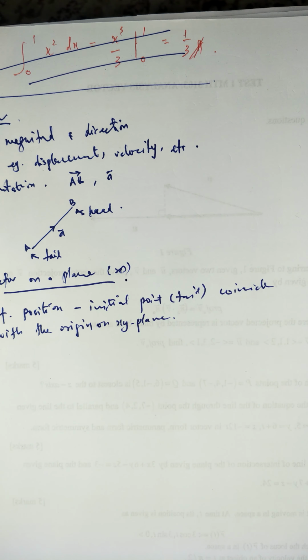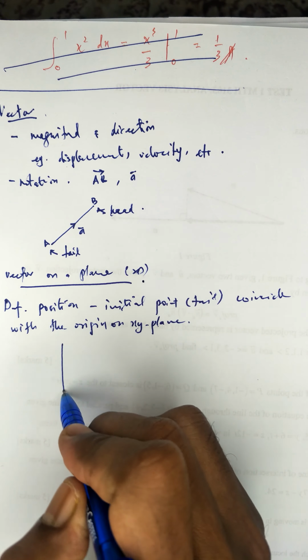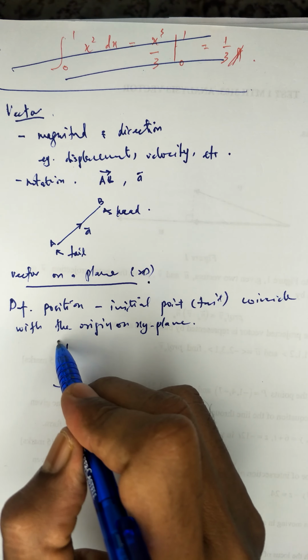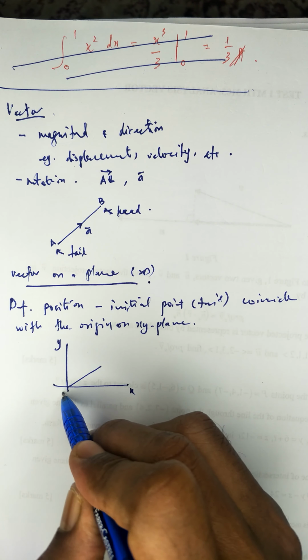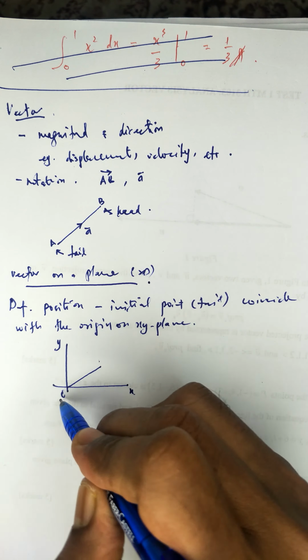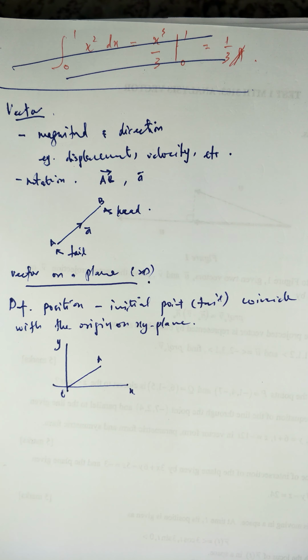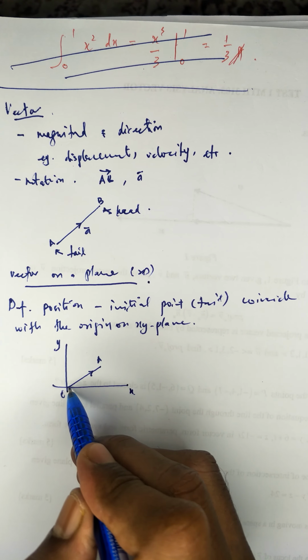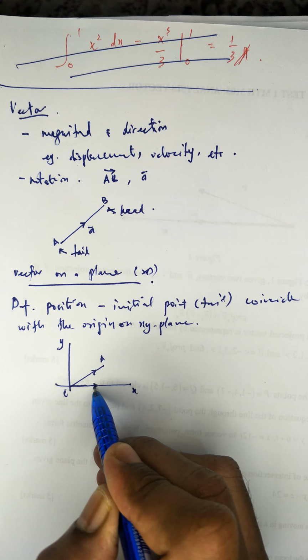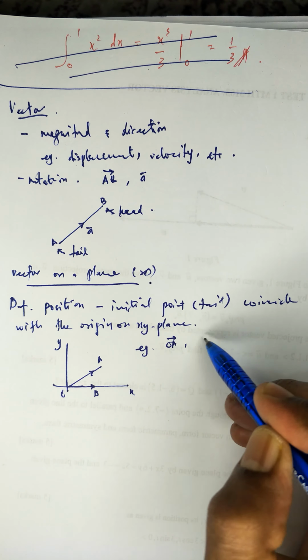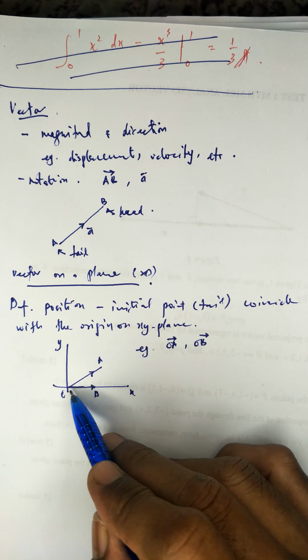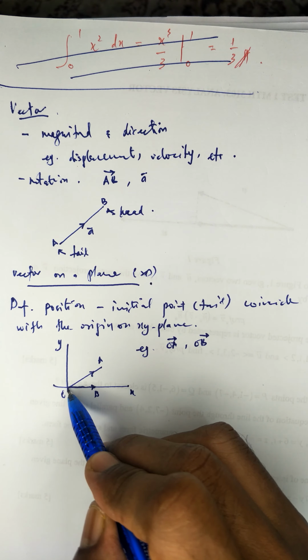Let's say this is our XY plane, and we choose a vector from the origin O to some point A. This is a position vector. If you consider O to a point B, that vector is also a position vector. So position vectors in this case I write as OA and OB, because for a position vector, the tail must be at the origin.